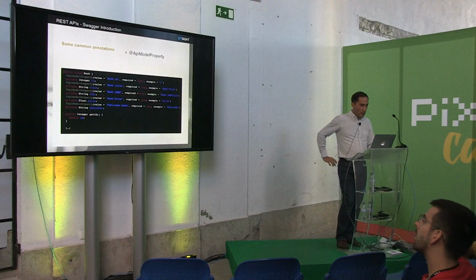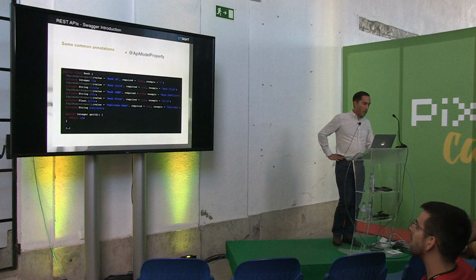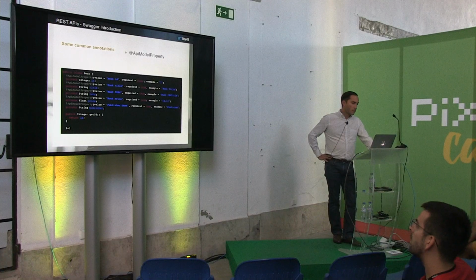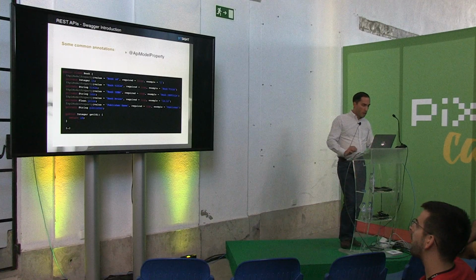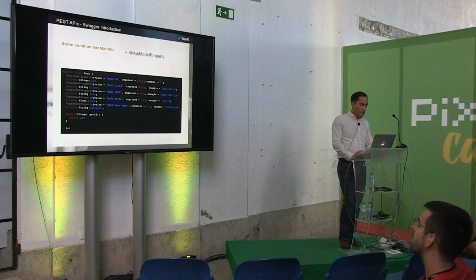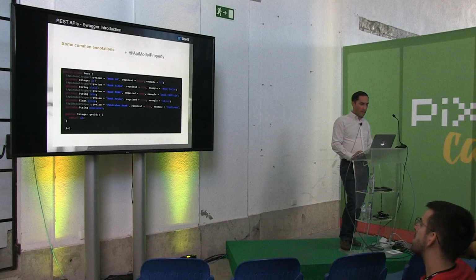Further on, I will declare on my class Book the types, the information about the types. For instance, the book ID, it's an integer, but that is done automatically by reflection. So I only declare the value, say if it is required or not, and give it an example.